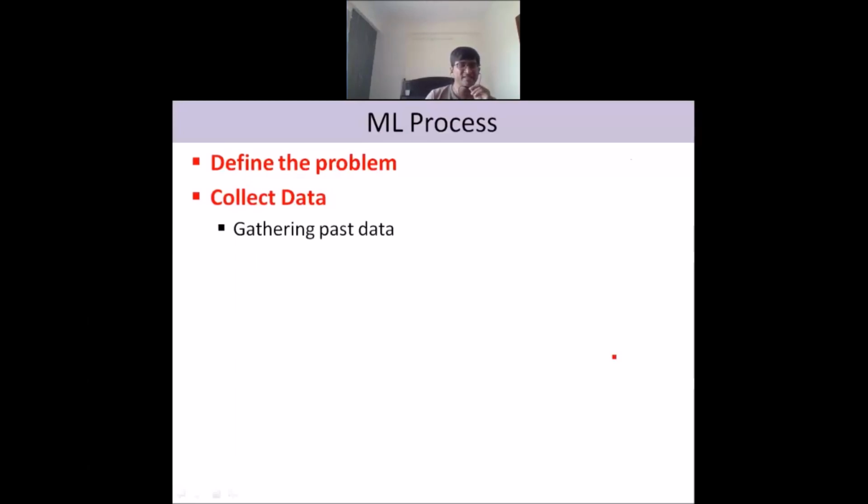So one of the aspects of collecting the data could be gathering the data from the past, where we collect both input and output pairs, right? Similarly, it may happen that we do not have any data from the past. For example, in a class, suppose there are no previous records of the students, and suppose I still want to predict the performance of my students.